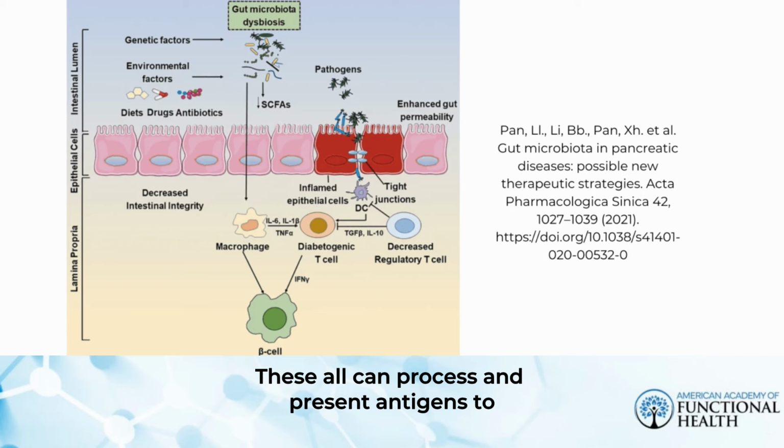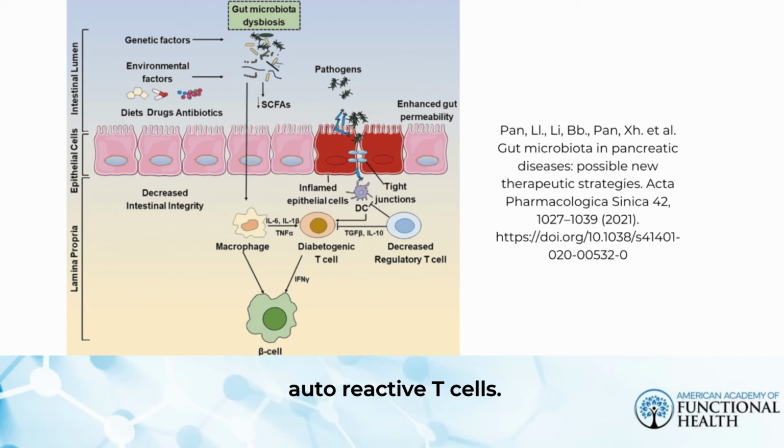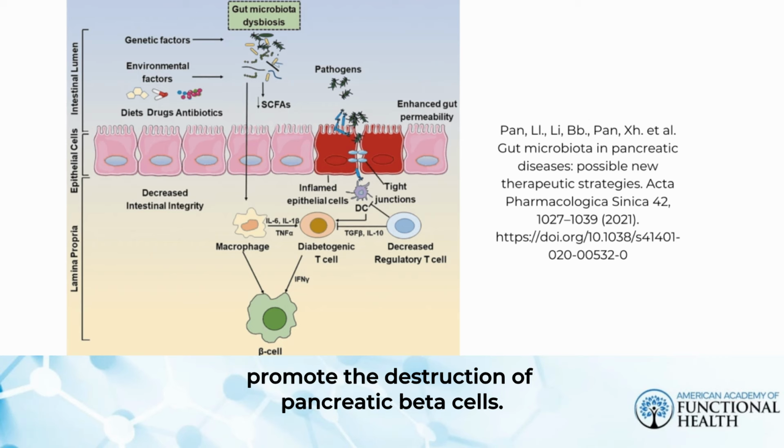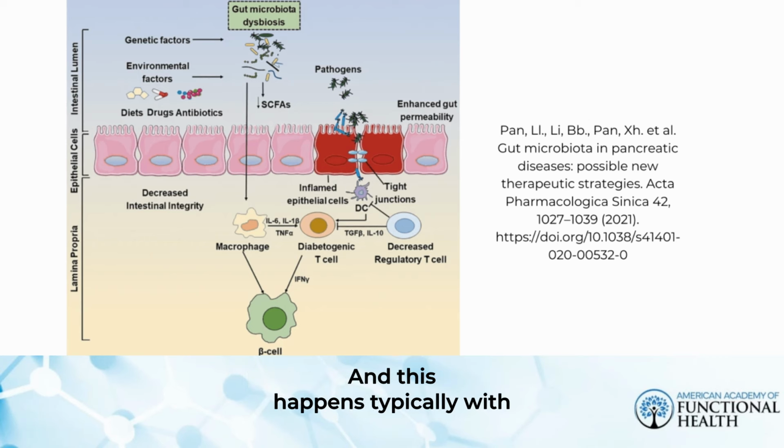These all can process and present antigens to autoreactive T cells, and this is going to initiate an autoimmune reaction that can promote the destruction of pancreatic beta cells. And this happens typically with genetically predisposed individuals.